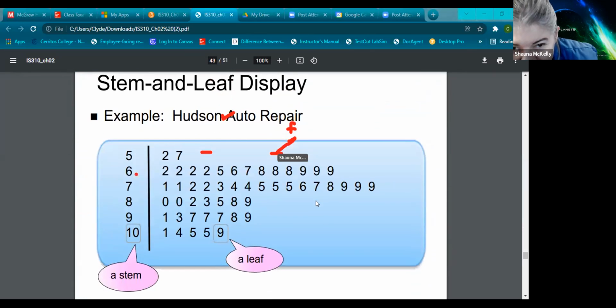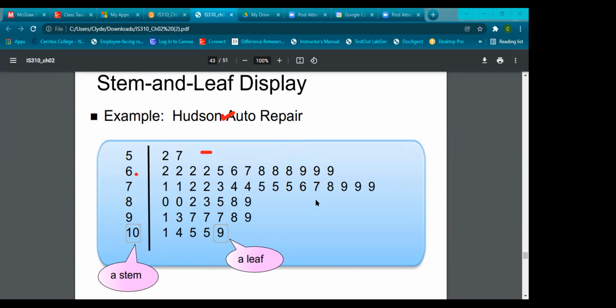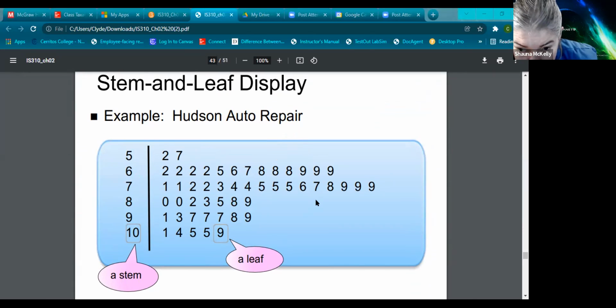So let me erase this part. Now here, I remember when you showed me the stem and leaf before. Right now here, all we're doing is putting this in a calculator or on the spreadsheet, and we're doing from 50, 60, 70, 80, 90. This is 100. So you're doing 52 and 57.